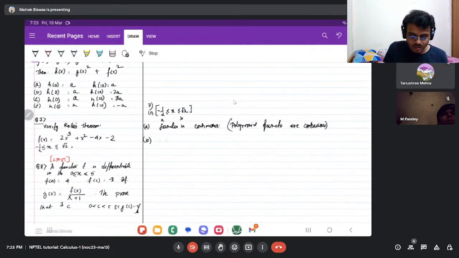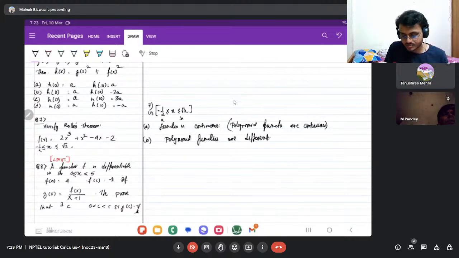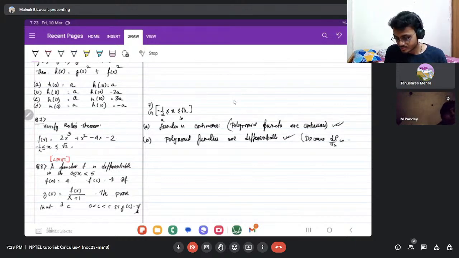Similarly, polynomial functions are differentiable. Agreed? These two properties we all very well know. The derivative of a polynomial is always a polynomial function, which is in turn continuous, right? Yes.